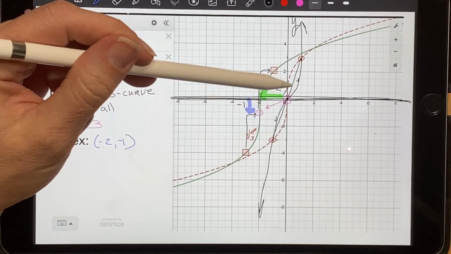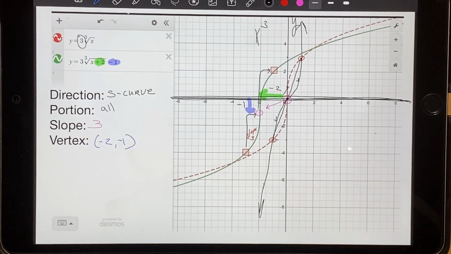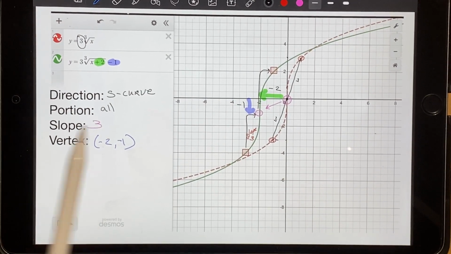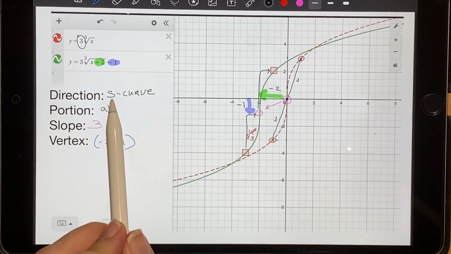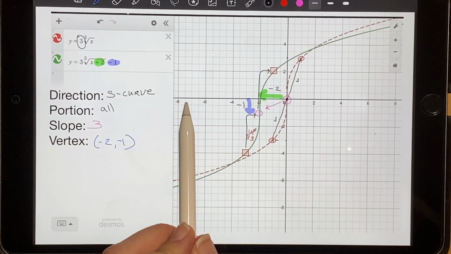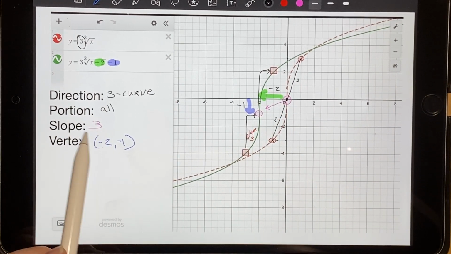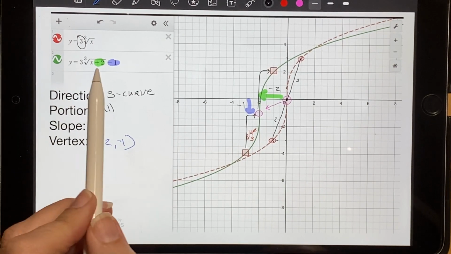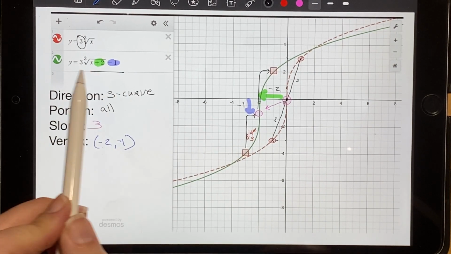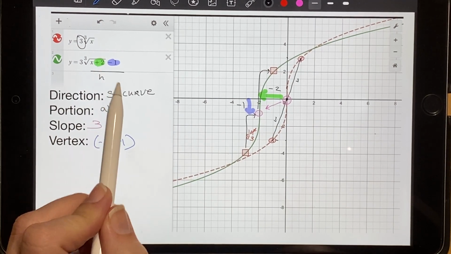So we've curved the wrong way through our points. This is an x cubic equation, right? So we know it's an S-curve. It flows along the x-axis. We're using the whole graph. Our slope is 3.